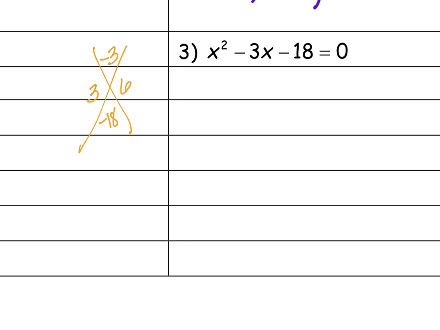Okay, so 3 times 6 is positive 18, so one of them has to be negative. Which one's going to be negative, the 3 or the 6? It needs to add to be -3. So which one's going to be negative?